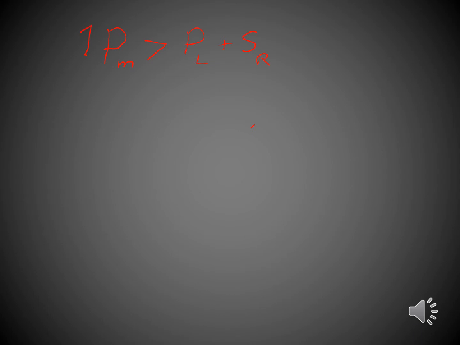One is you can increase the magmastatic pressure. That's usually done by increasing the buoyancy, making the magma more buoyant. We'll review how to do that. Or you can lower the lithostatic pressure.